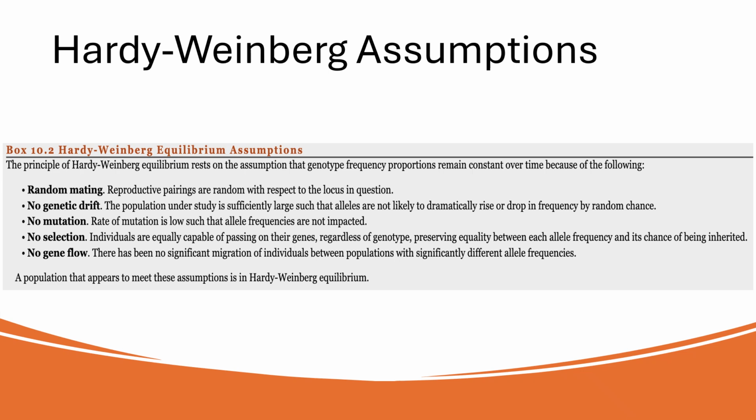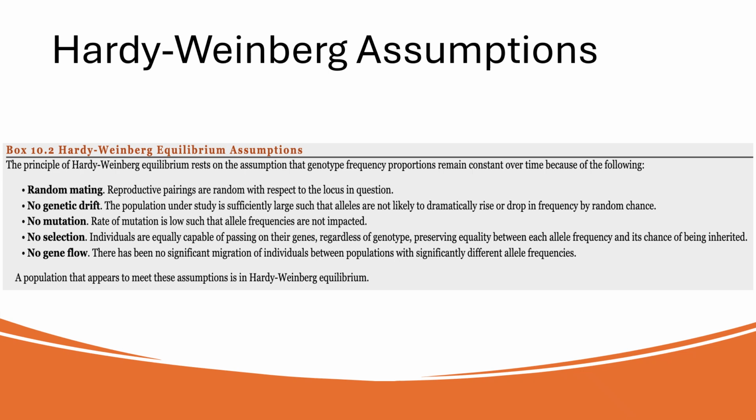The population under study should be sufficiently large such that alleles are not likely to dramatically rise or drop in frequency by random chance. So if a particular variant or mutation occurs, it's not going to be inherited by all of the offspring just because it's a tiny population with a small number of founders, where everyone ends up having that variant or mutation.